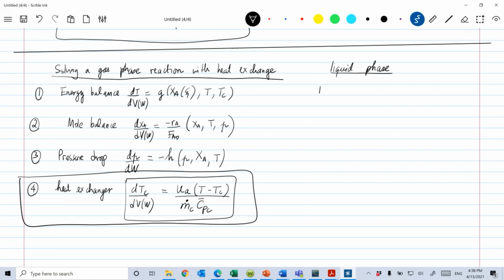If you have liquid phase, you still have your energy balance, right? And then you have your mole balance. You don't have pressure drop issues, and your mole balance doesn't have a pressure drop term in it. And you solve the heat exchanger. So you have three ordinary differential equations, whereas with a gas phase, if you have pressure drop, you end up with four.